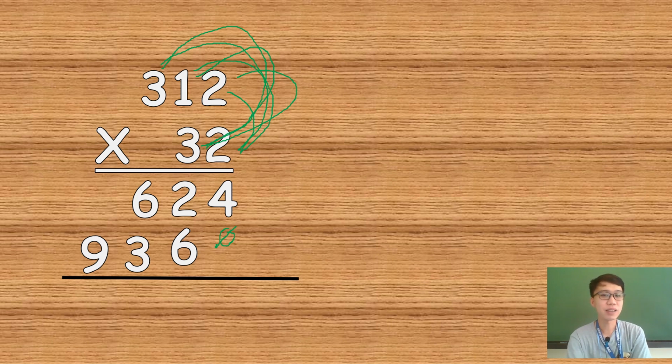So the next step is to add the partial products. Let's add the partial products. Bring down 4, and then 2 plus 6 is equal to 8. 6 plus 3 is equal to 9, and then bring down 9.